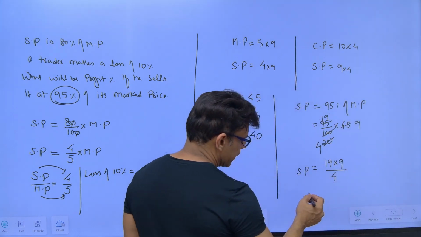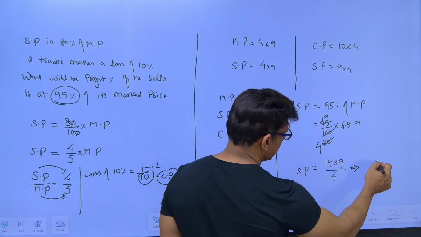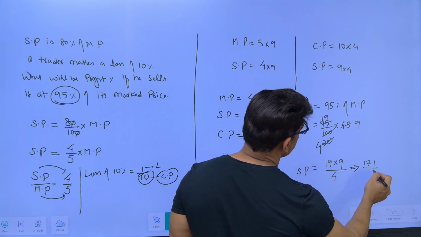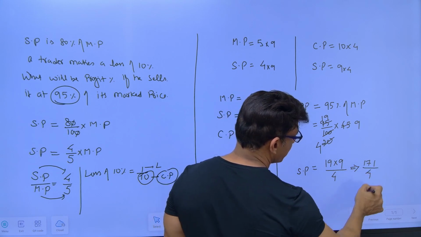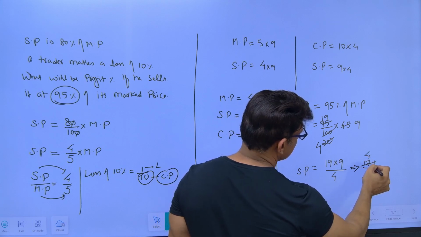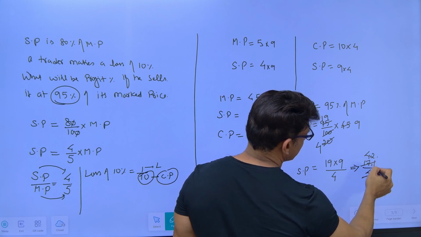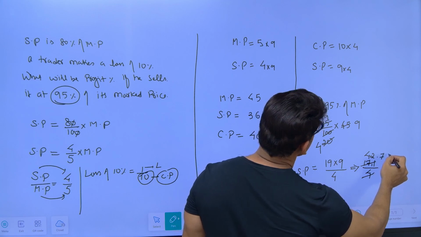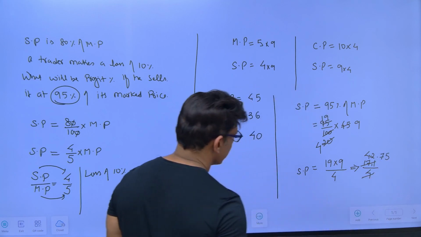Which is how much? 9 9s are 81, 1 carry 8, 9 1s are 9 plus 8, 171 by 4, which is 42.75.